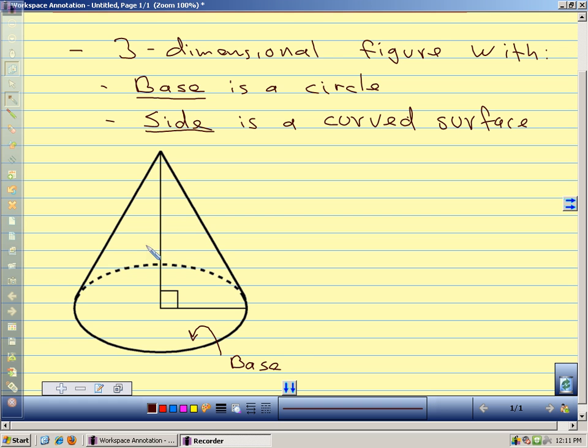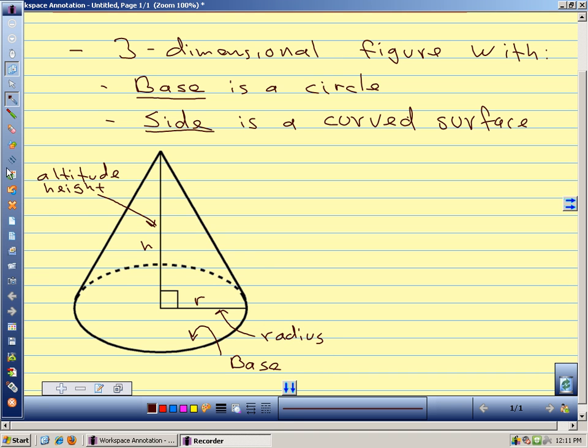I'm going to call this H. This segment is our altitude, which is where we find our height. So that's how we find our height. I'm going to put an R here. And this is our radius. That's the radius of the base.